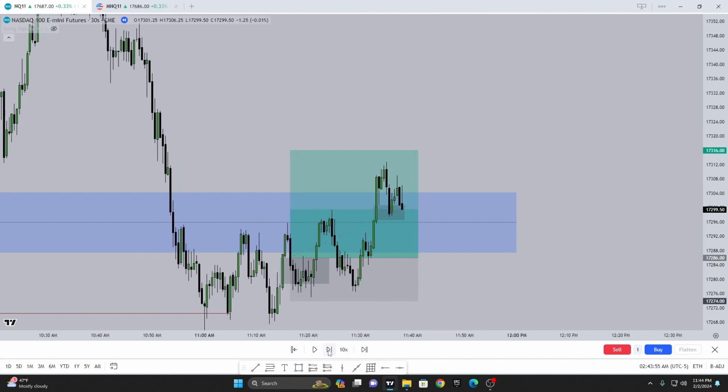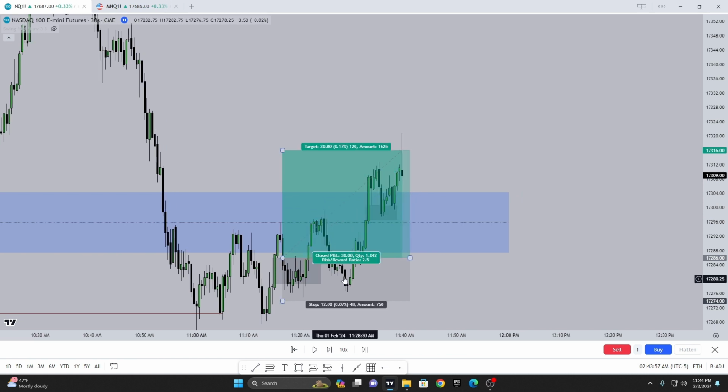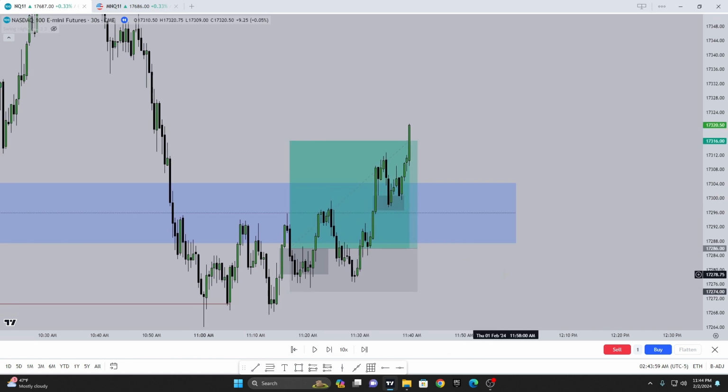Looks like it is. And it looks like it hits that 30 handle mark. All right. So that is the ICT 30-second model.